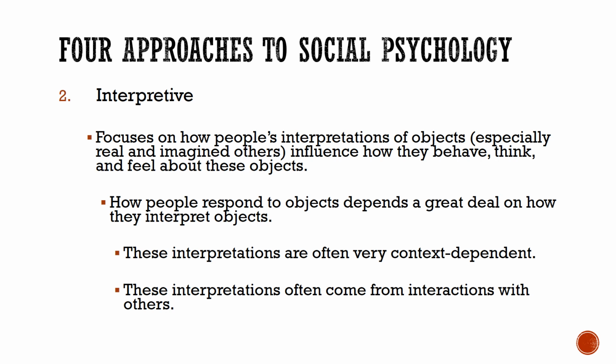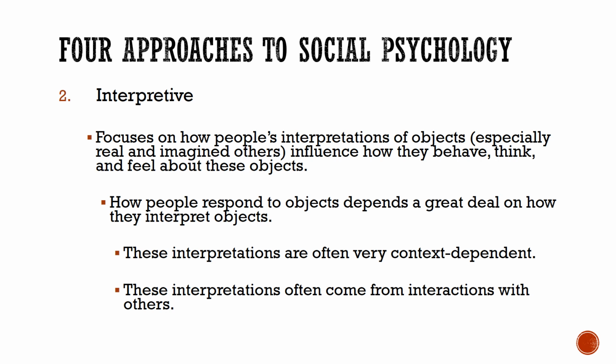The next approach to social psychology is the interpretive approach. This approach focuses on how people's interpretations of objects, especially real and imagined others, influence how they behave, think, and feel about these objects. No object, whether it's another person, an idea, or a physical object such as a table, has an inherent meaning that can guide people's behavior towards it.